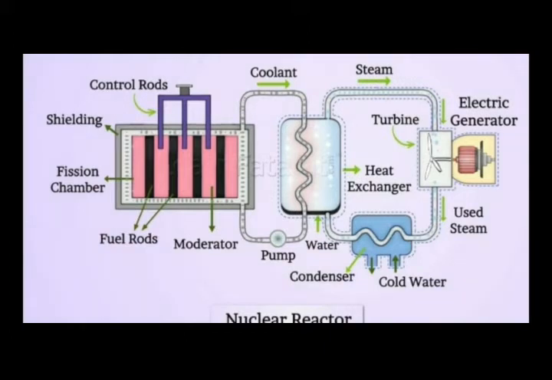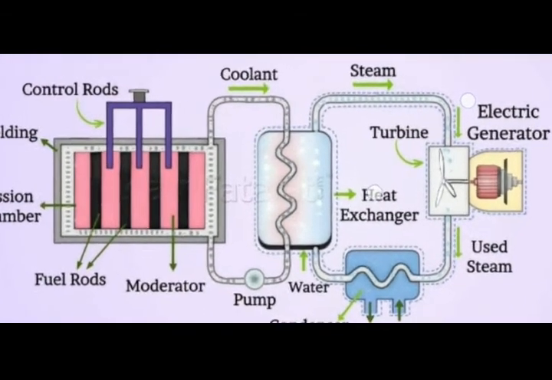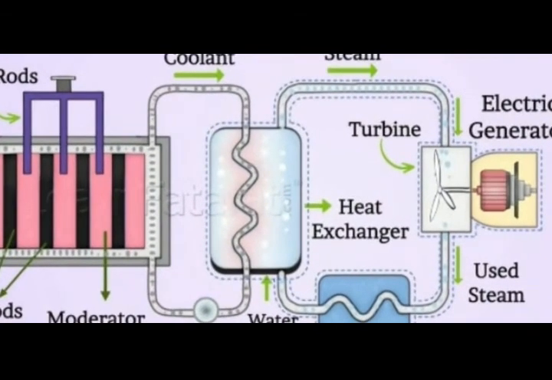Next, coolant. Coolant, a suitable liquid like water or liquid sodium, helps to carry the heat energy generated inside the nuclear reactor to the outside. That heat energy passes through a water chamber and due to the high temperature the water evaporates and forms steam at high pressure. That steam passes through a turbine that causes a mechanical rotation.